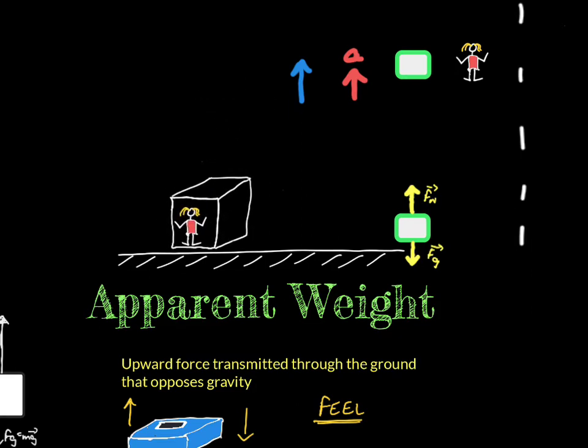Now at the beginning, if we look over here, we can see that the FBD for that situation at rest is very simple. Fn is opposed to Fg.